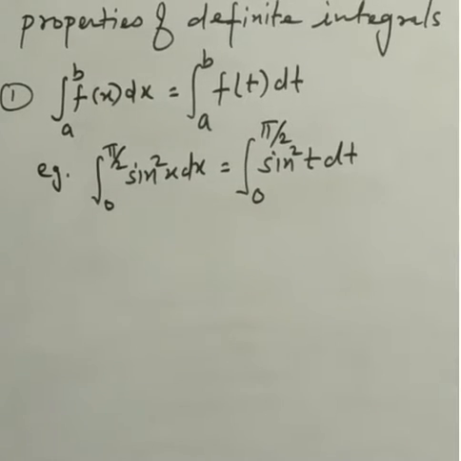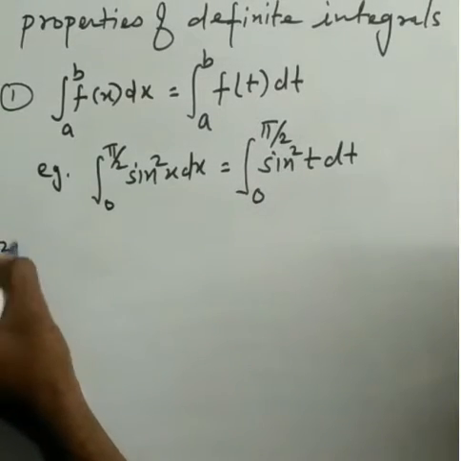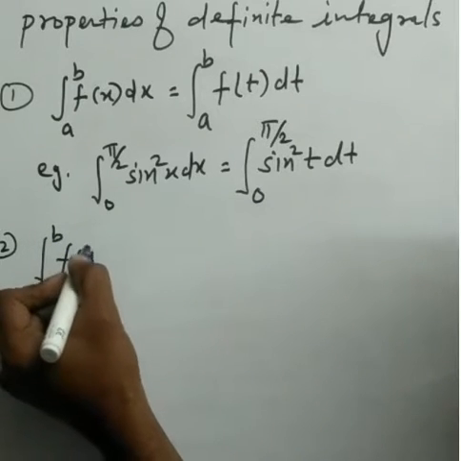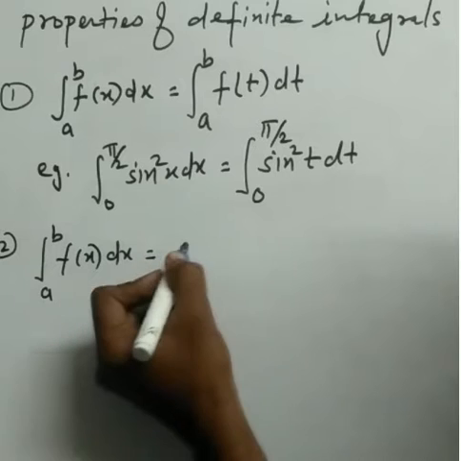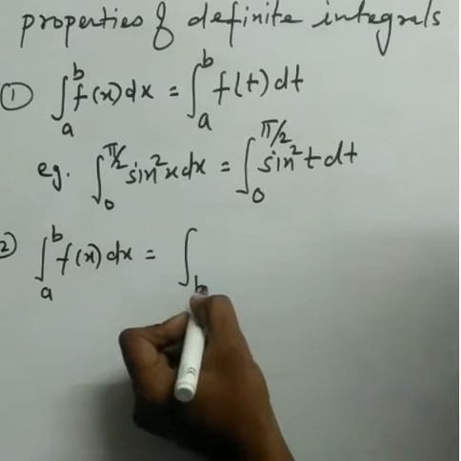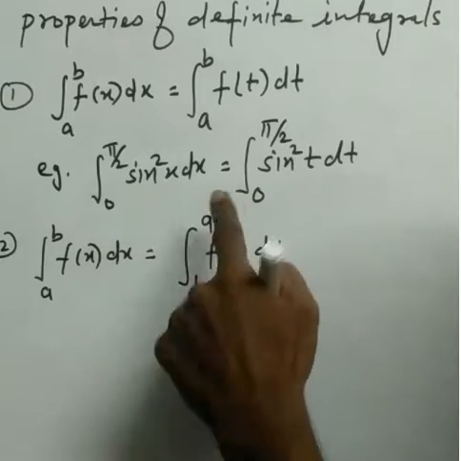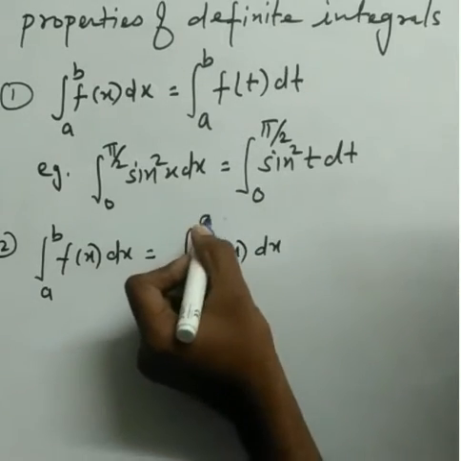The second property says integration of a to b f(x) dx is equal to integration of b to a f(x) dx with a negative sign.